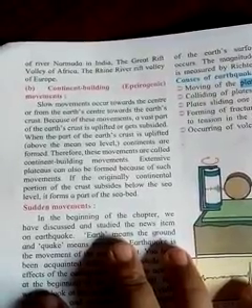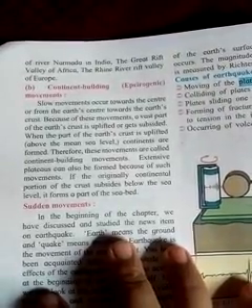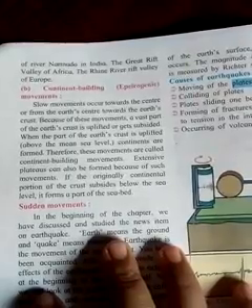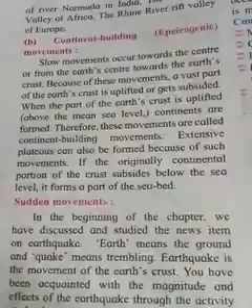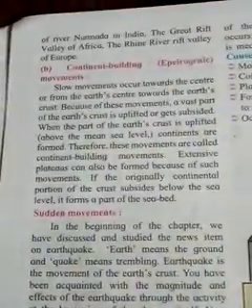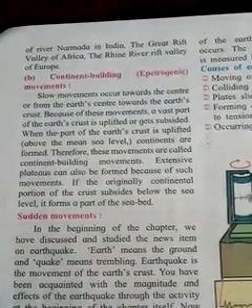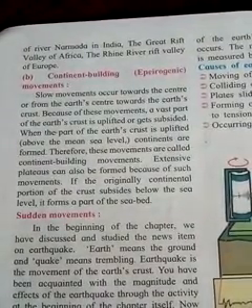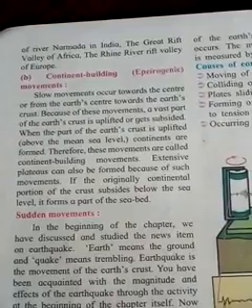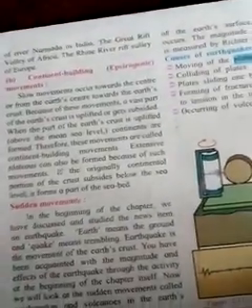If the originally continental portion of the crust subsides below the sea level, it forms part of the sea bed. The slow movement occurs from the earth's center toward the crust.